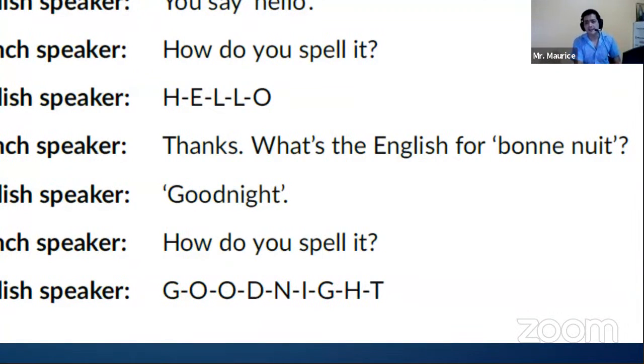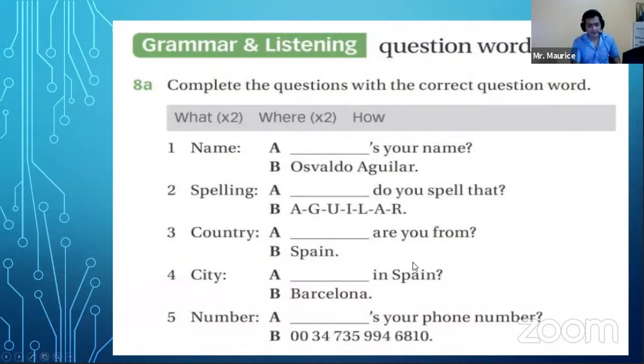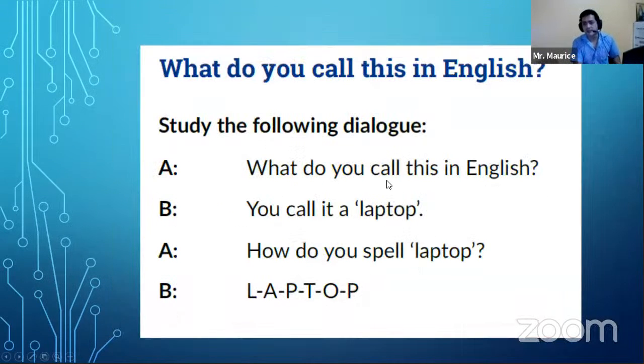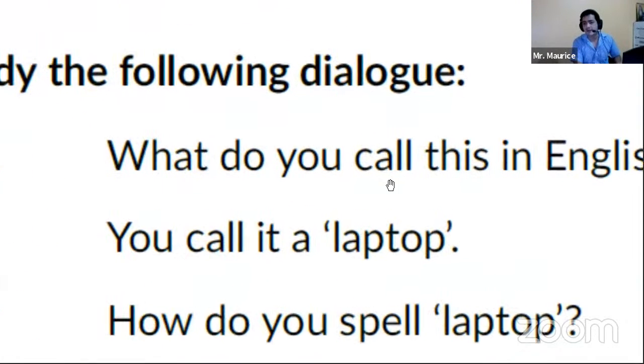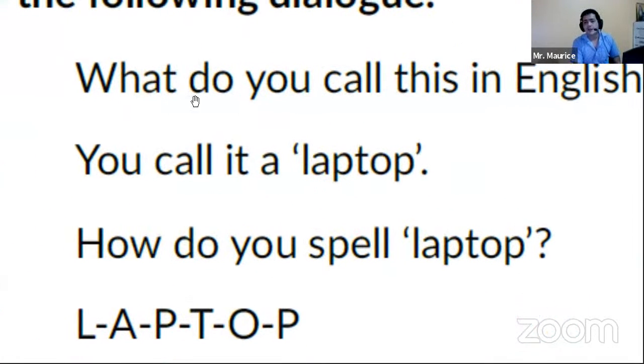How do you spell it? So, in this part, we have a new question. Aquí tenemos una nueva palabra, una nueva pregunta. What do you call? Anote, por favor. What do you call? ¿Cómo le llamas? ¿O cómo se llama esto en inglés?